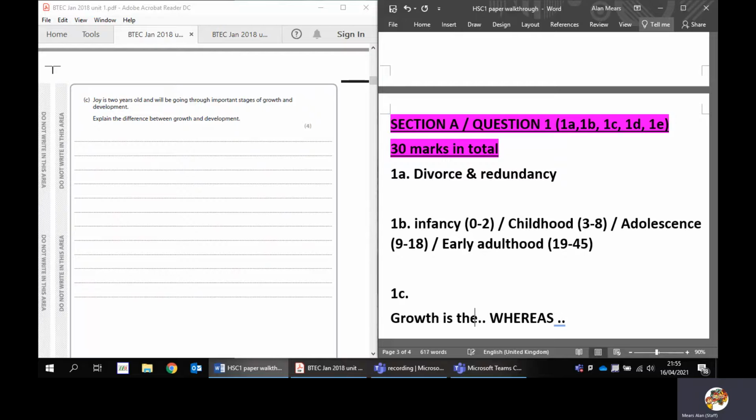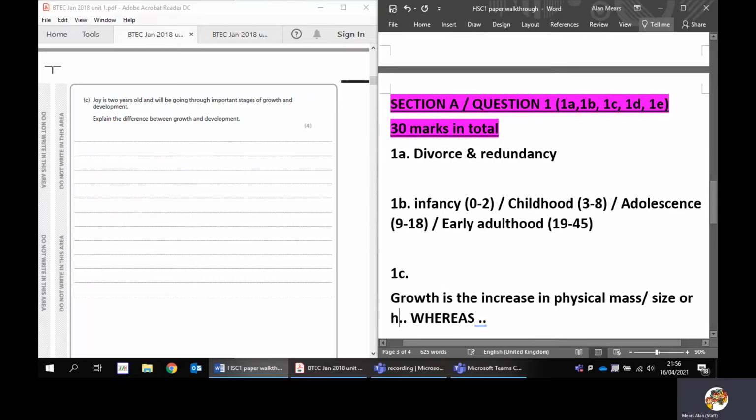Growth is the increase in physical mass, size, or height, and can be measured.